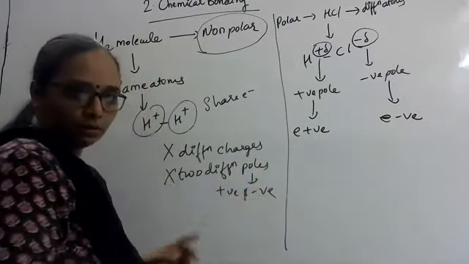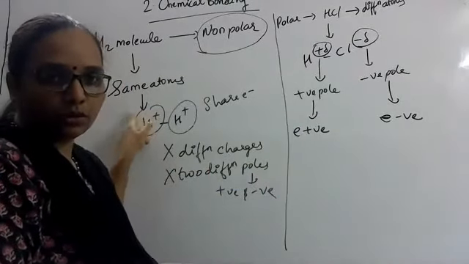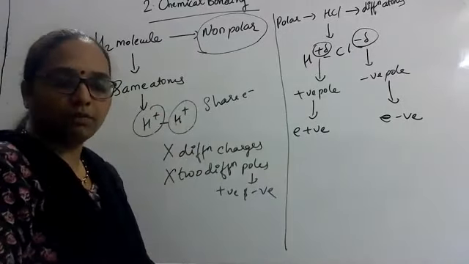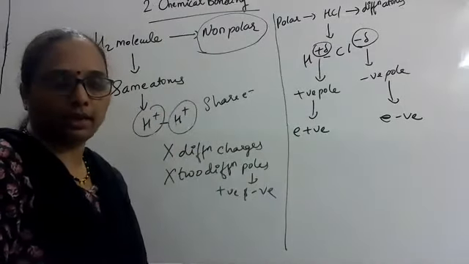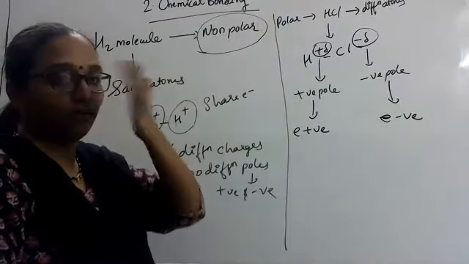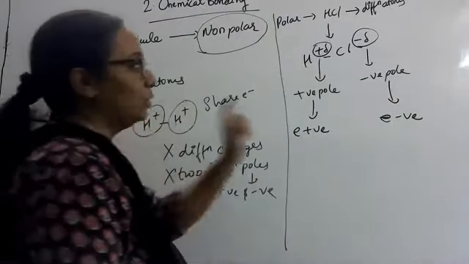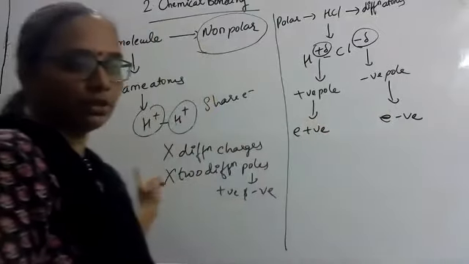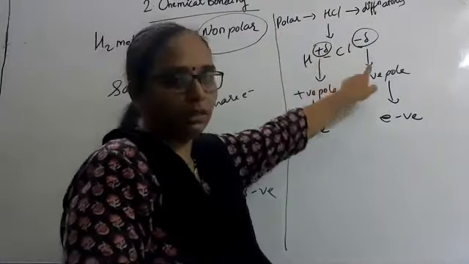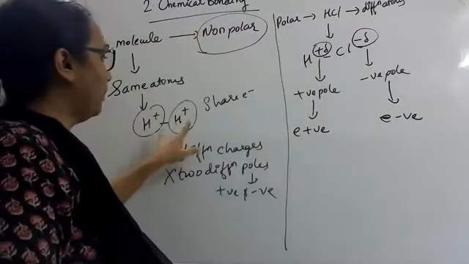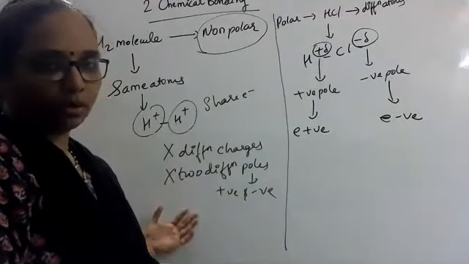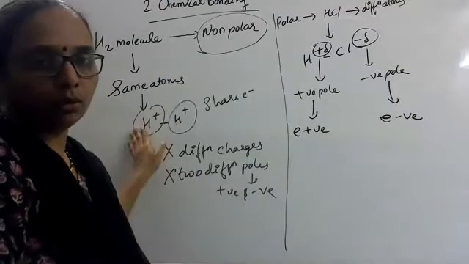That is not formed in this case because both are the same, so their charges are also the same, and they share electrons. And here there are two different atoms, one more electronegative and one electropositive, so there is transfer of electrons, here sharing of electrons. This is polar because one is positive, one is negative. The other is non-polar because they are sharing electrons. There are no different poles, no one positive and one negative. Both are positive.